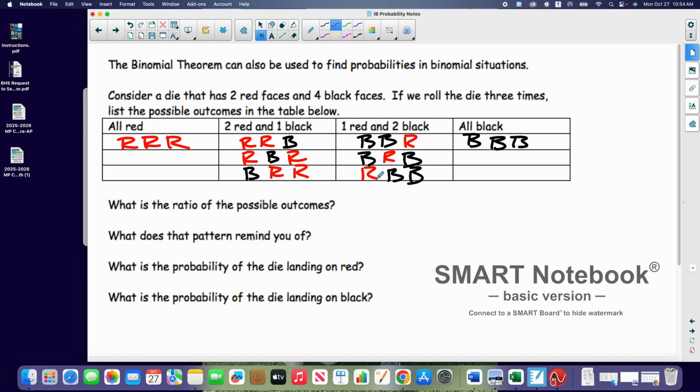Okay? It asked me on this one, what is the ratio of possible outcomes? Well, I can have 1 for this one. I can have 3 for this one, 3 for that one, and, excuse me, 1 for the last one. Does that look familiar?